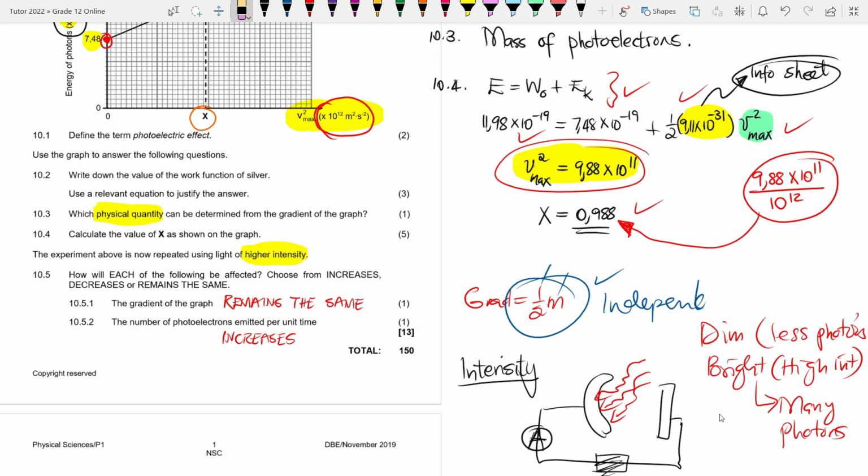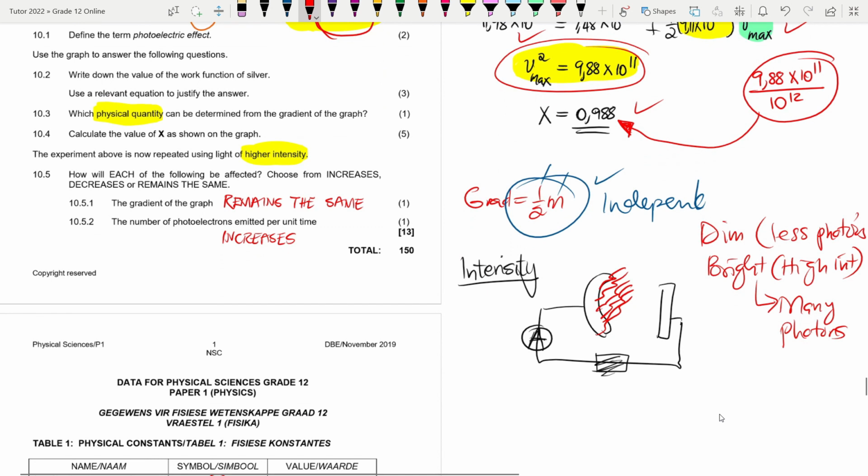Which means now our photons are going to look like this. We get many photons. And what we know about the photoelectric effect is that if the frequency is always high enough, one photon is equal to one electron. So the more the photons, the more the electrons.